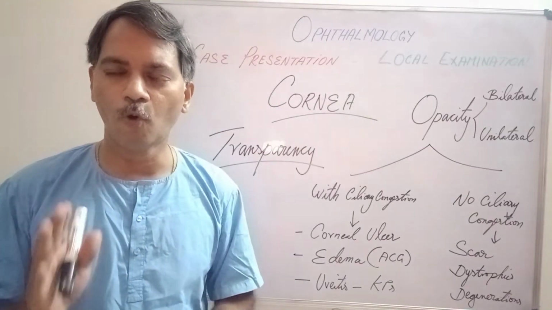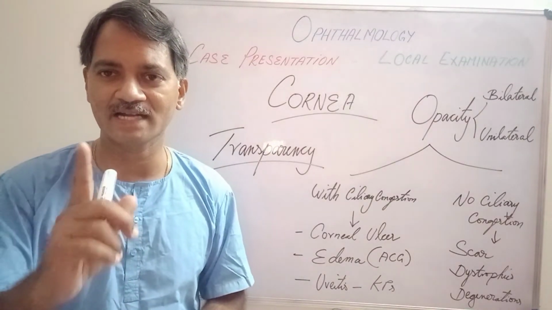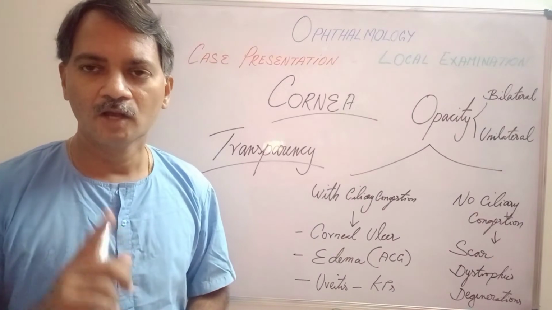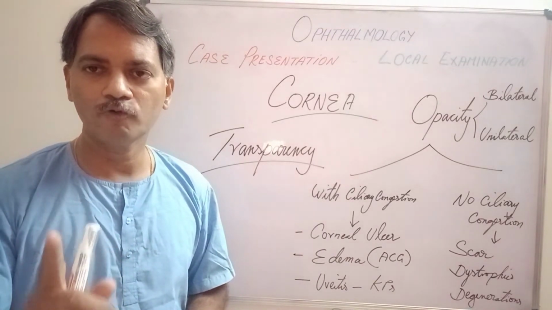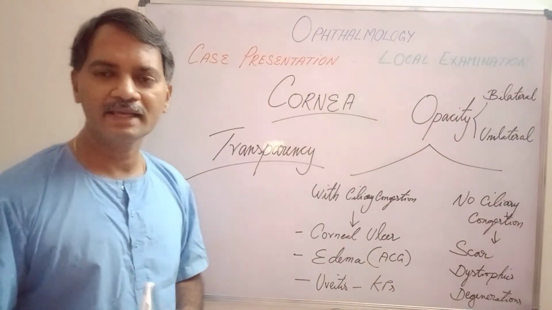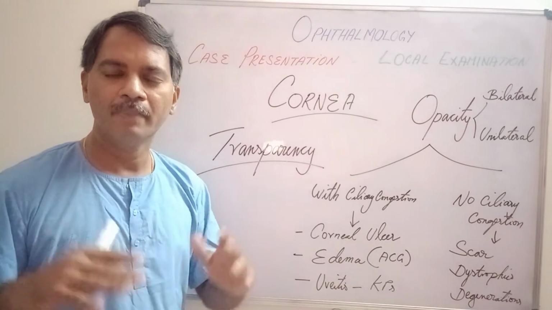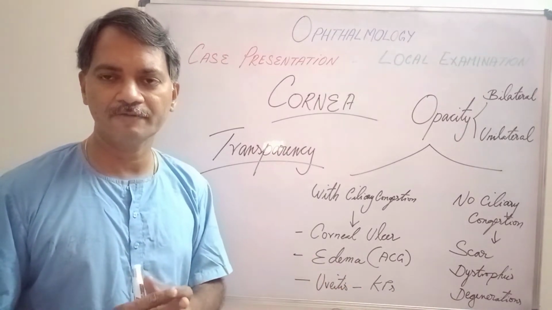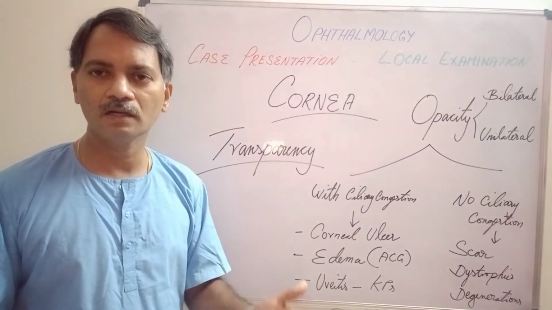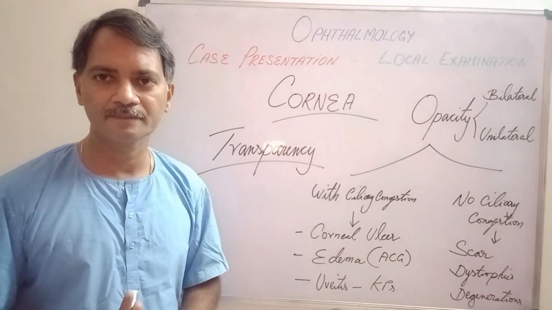Coming to the most important thing in the examination of the cornea, that is its transparency. Cornea can have opacities. Opacities of the cornea can be classified clinically as bilateral corneal opacities affecting both the eyes or unilateral corneal opacities affecting only one eye.